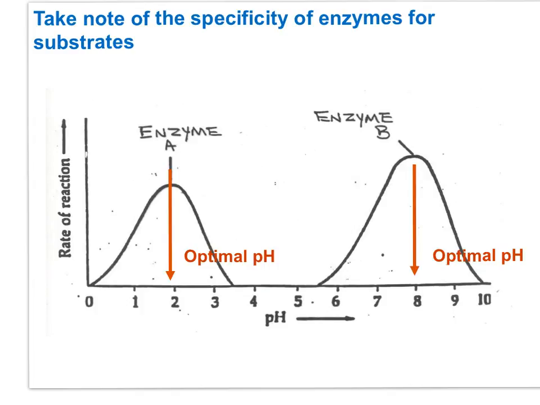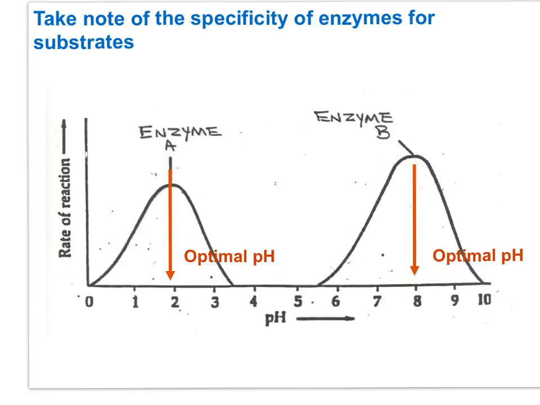In this slide, we have enzyme activity on the y-axis and pH on the x-axis. Each curve represents a different enzyme. Enzyme A, enzyme B. Enzyme A has its maximum rate at pH 2, while enzyme B has its maximum rate at pH 8.